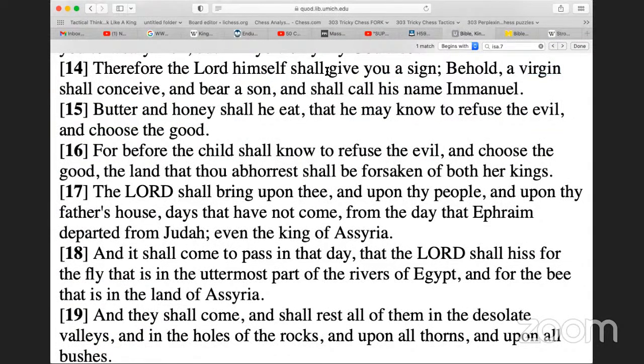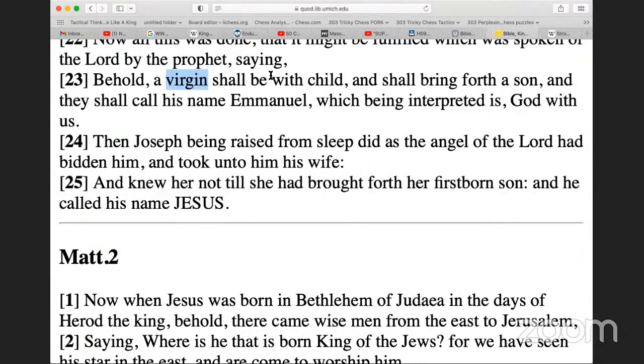This is the actual prophecy, word for word. Therefore the Lord shall give them a sign. They are upset because this word in Hebrew, they say, is not this word in Greek. This word in Greek is parthenos. How do we know? Let's look it up.